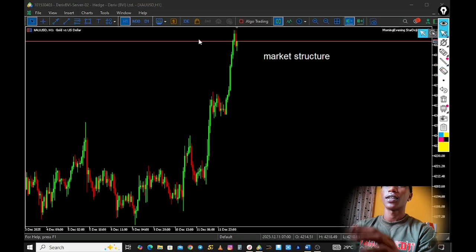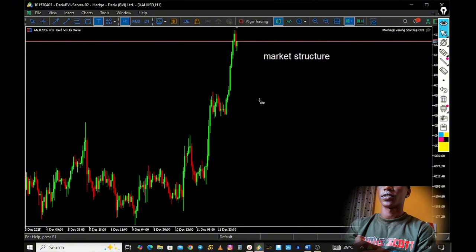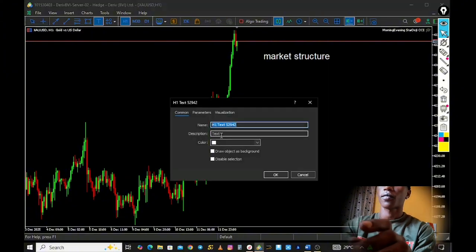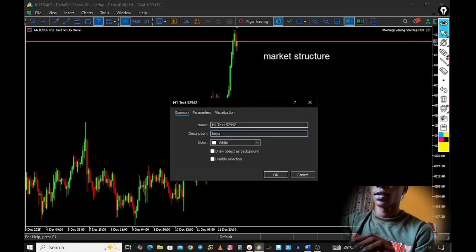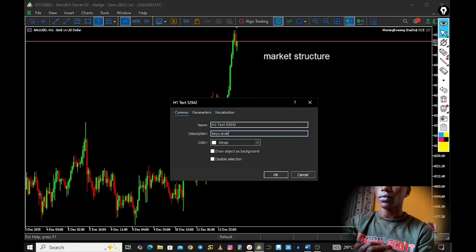Now the second principle in my strategy is, after identifying the market structure, you're going to identify what we call key levels.